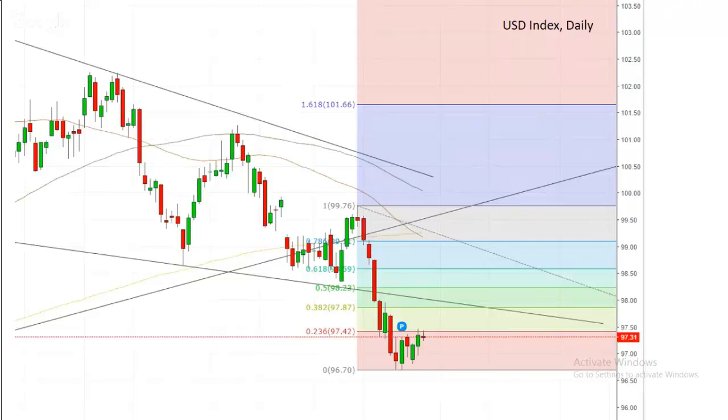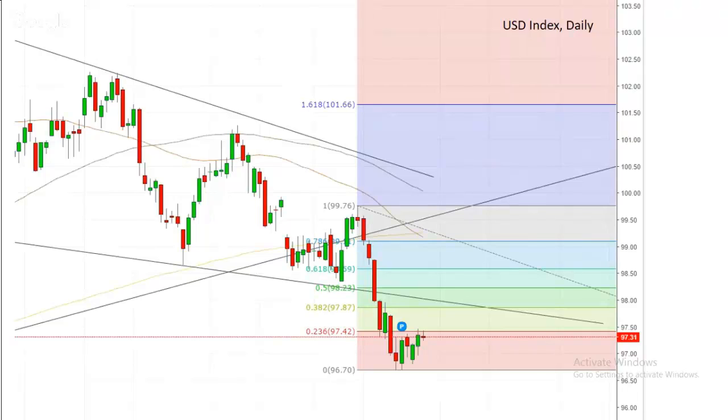And in this case, above the Fibonacci level at 97.40, we'll target levels around 97.87 and probably the area of 98.23. This is a 50% Fibonacci retracement.